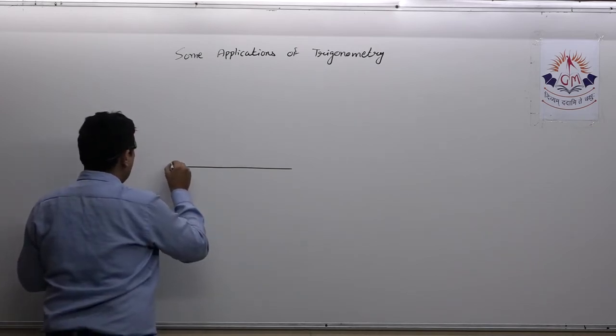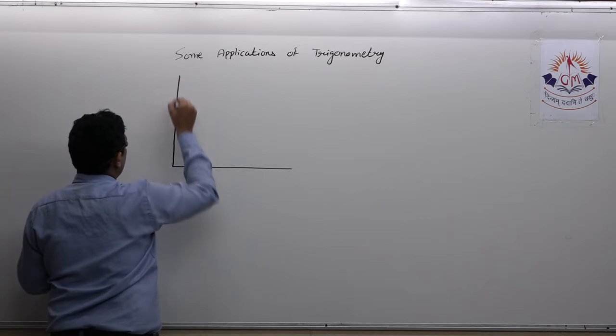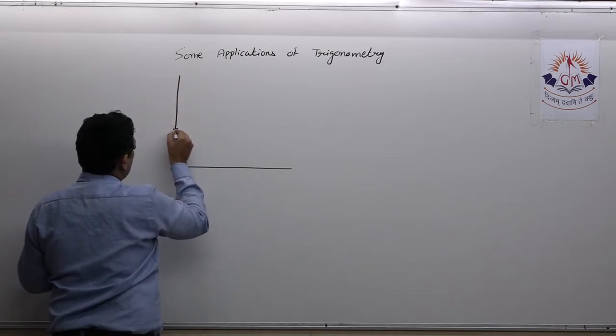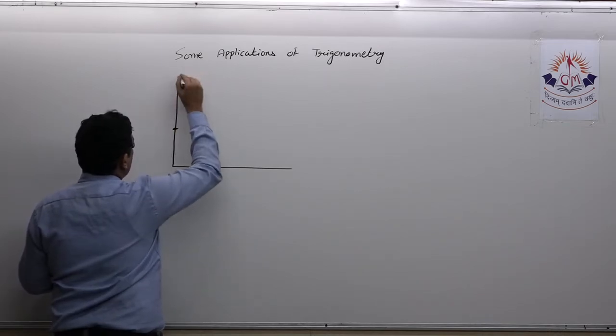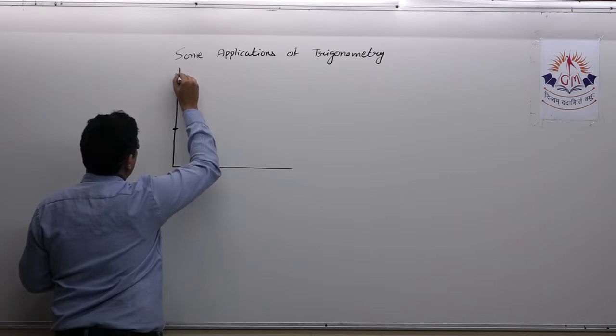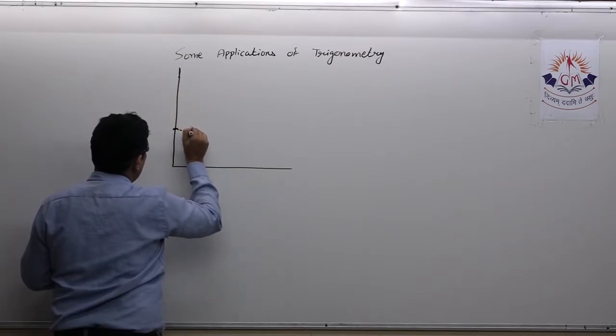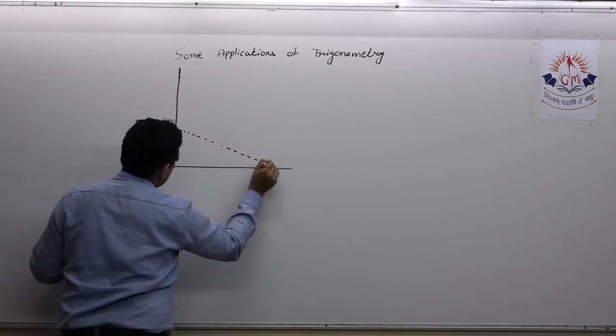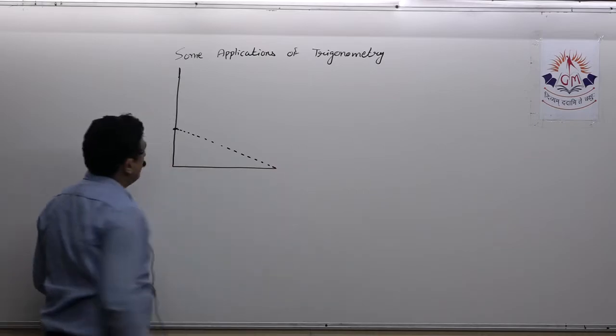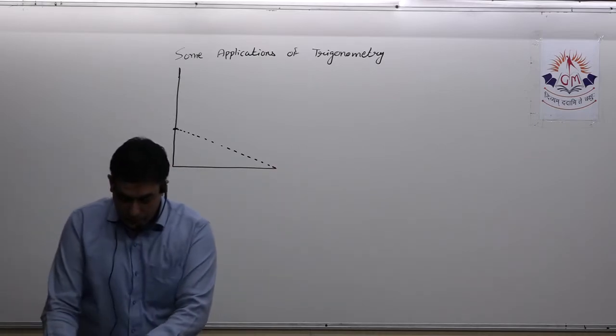See, we can imagine that there is a tree in this way. Now suppose it broke from this point, and the upper part definitely will be something like this. Okay, now further read the question.